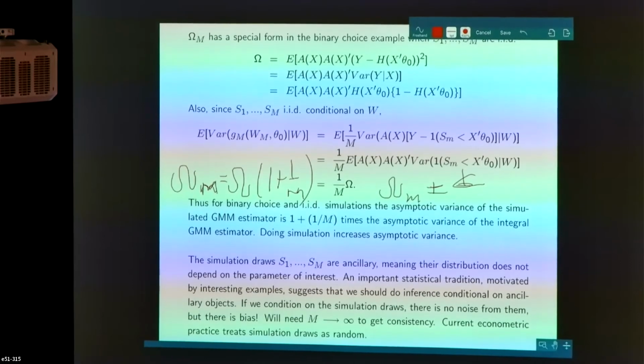But that's not true in general. That's specific for multinomial choice.